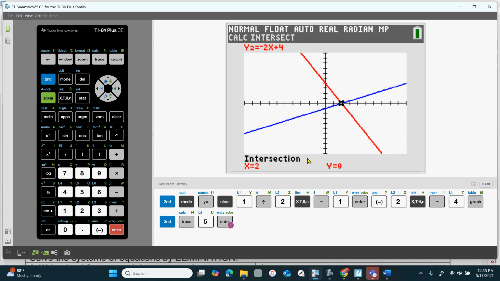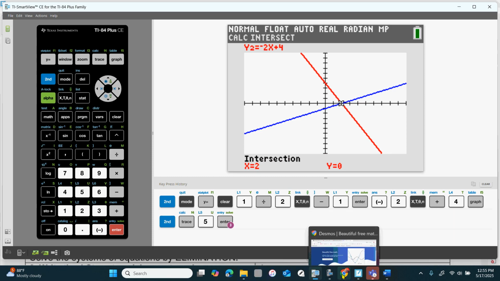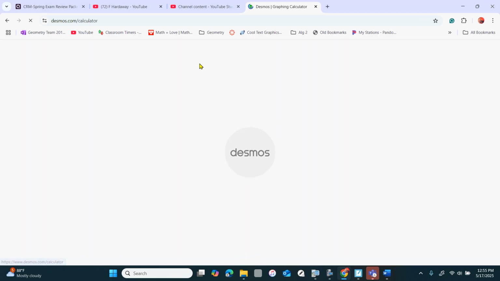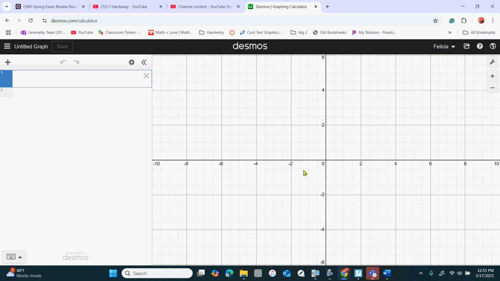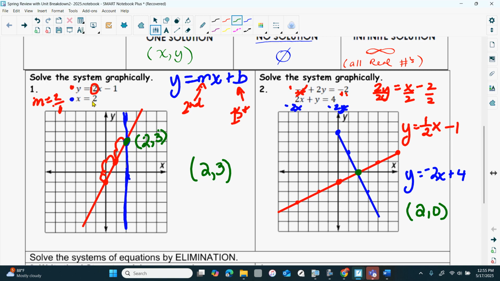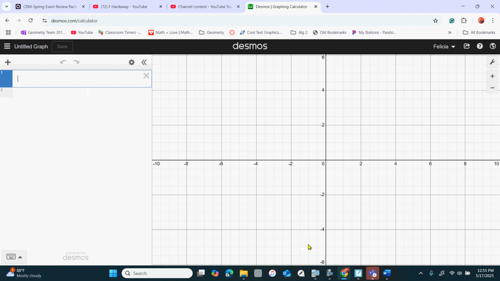You could also use your decimal calculator, because I'm going to go to that as well. Go to Math Tools, the calculator. Now this one might have been good to use if I wasn't sure about vertical lines on this first problem here. I can put in y equals a number and x equals a number in the decimal calculator. So I could go to my decimal calculator and type y equals 2x minus 1.